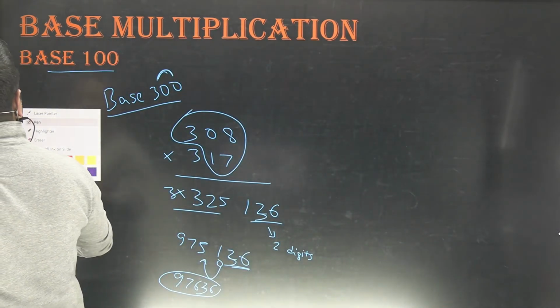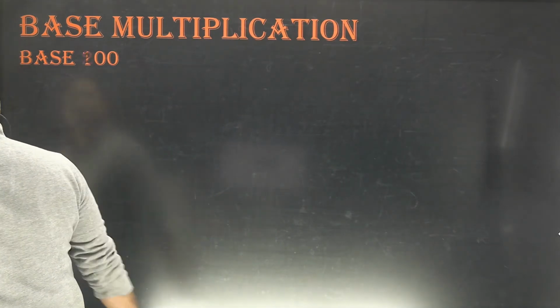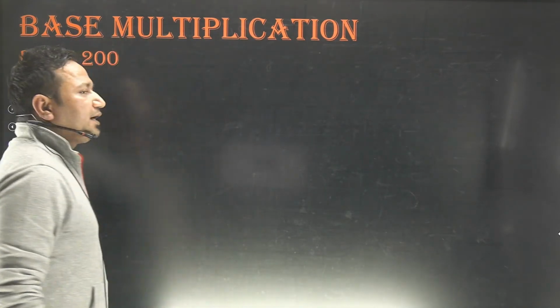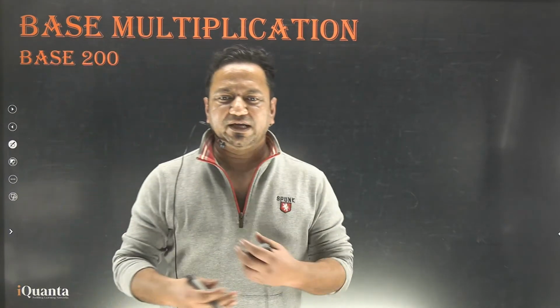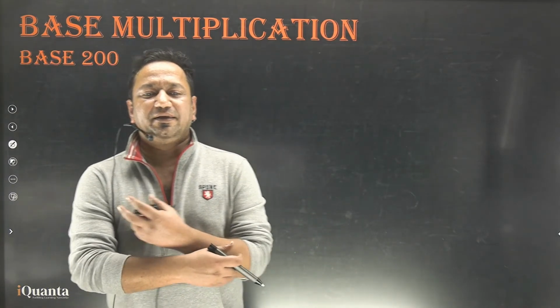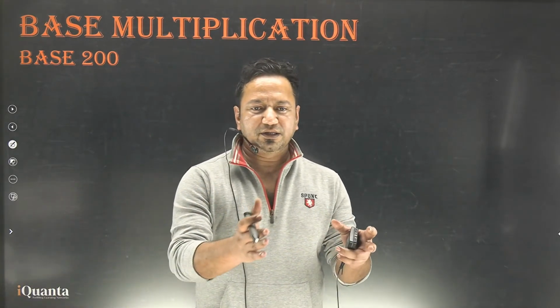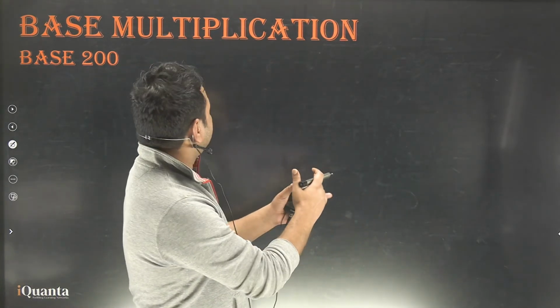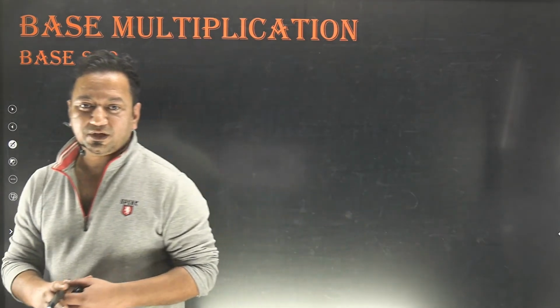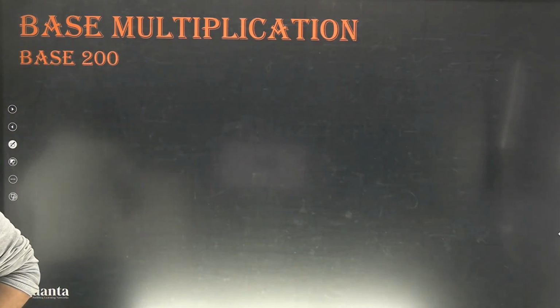So what all things have we done? We have talked about the bases of 10 and the multiplication and the multiples of bases of 10. Then we also talked about the multiples of 100, and we have done base multiplication basically. Is that clear?